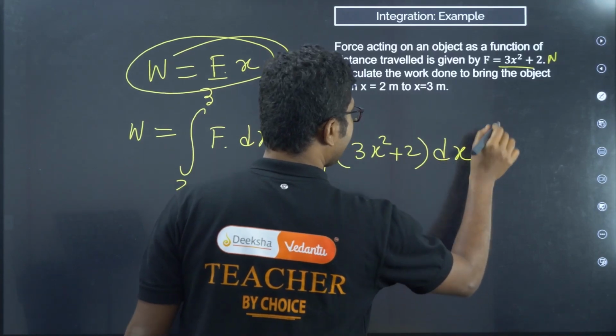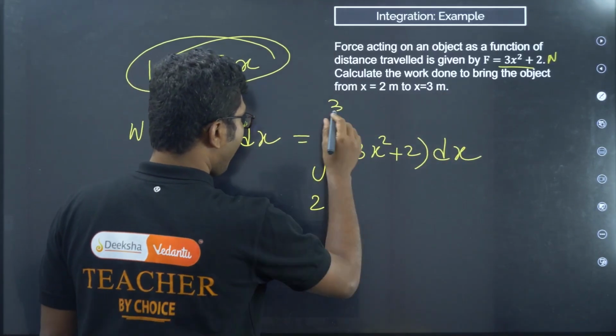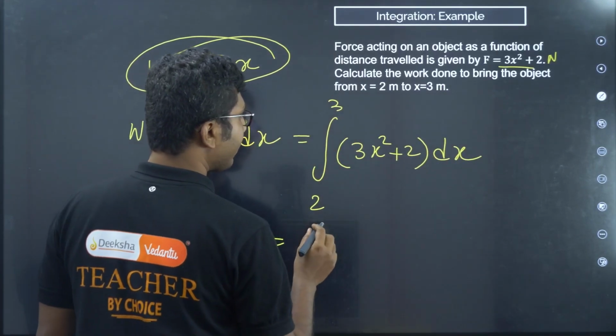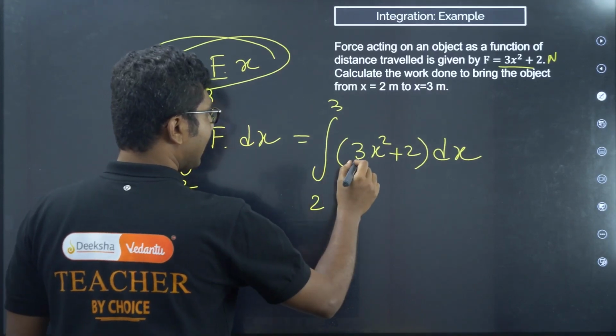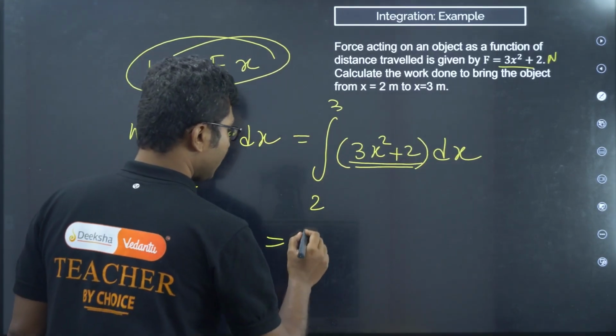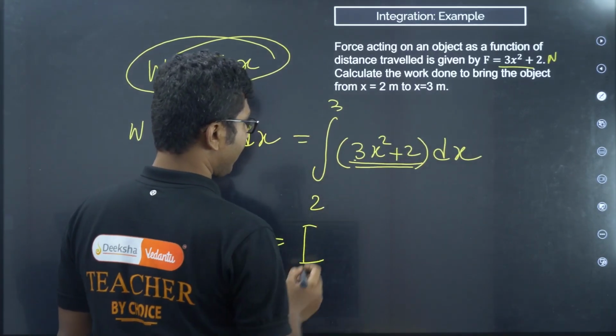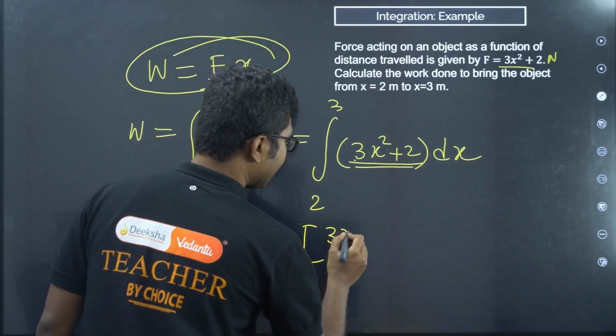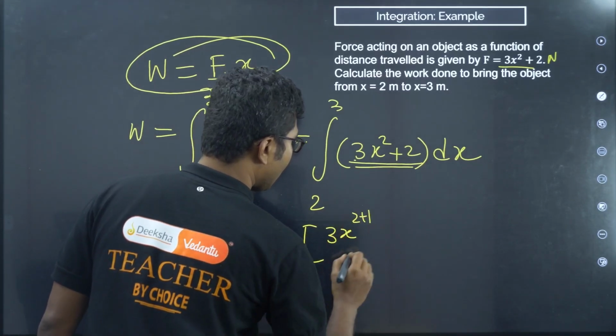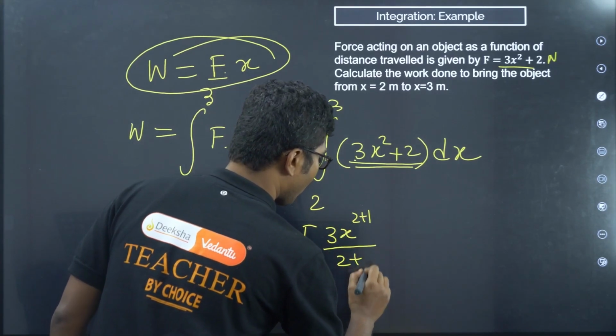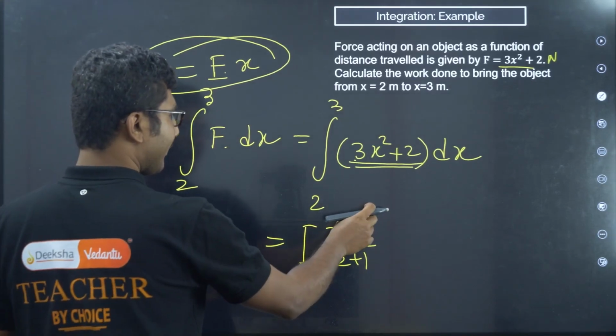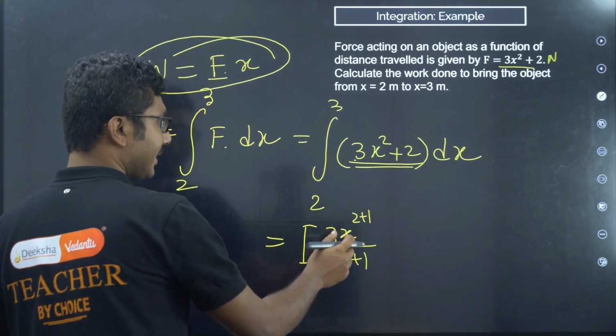So this is the dx. Now what you have to do is the integration first. So how to do the integration? 3x square: x to the power 2 plus 1 divided by 2 plus 1, right? So whatever is the new power on the top, that should be in the denominator.